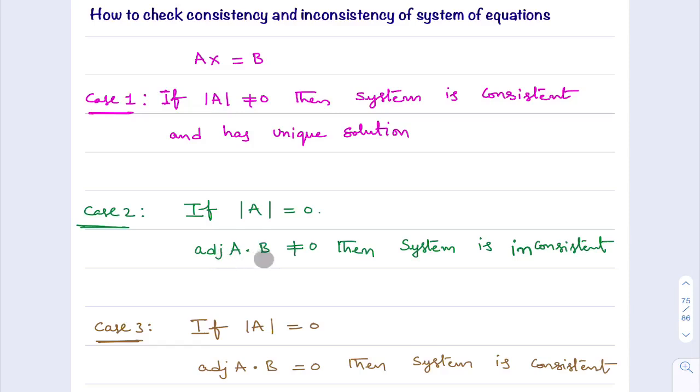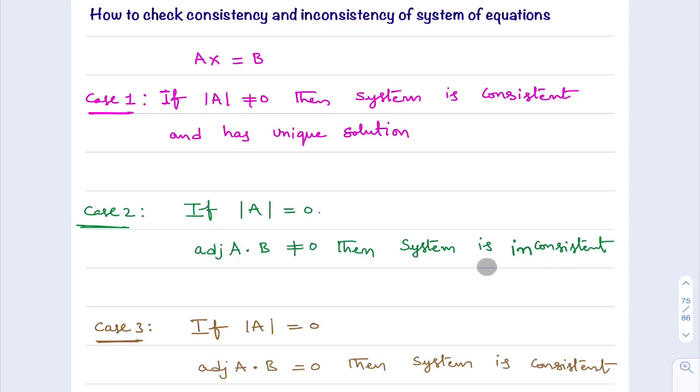When we multiply both matrices, again you will get a matrix. If that matrix is a non-zero matrix, then we say the system is inconsistent. I'll explain these things in detail.